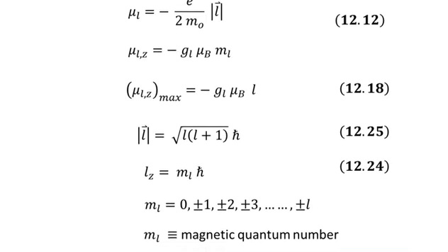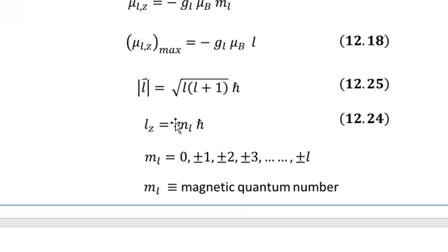Then in equation number 24, the relation Lz is equal to mL h bar. Lz is the Z component of the orbital angular momentum in the presence of the magnetic field, because the magnetic field has the same direction as that of the Z axis, or the Z axis has the same direction as that of the magnetic field.